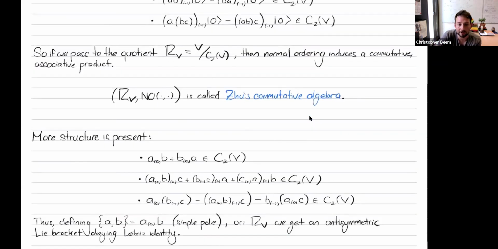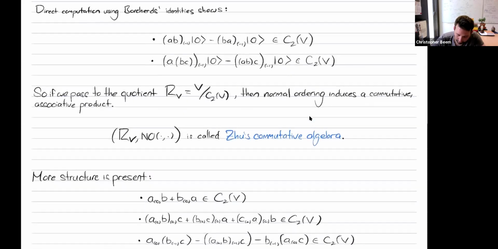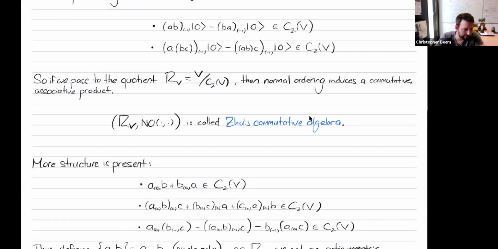This thing was first defined by Zhu in 1995, I think. So this is some footprint of a vertex algebra in a much simpler world. And if you have a strongly finitely generated vertex algebra, then this is going to be a finitely generated commutative associative algebra.